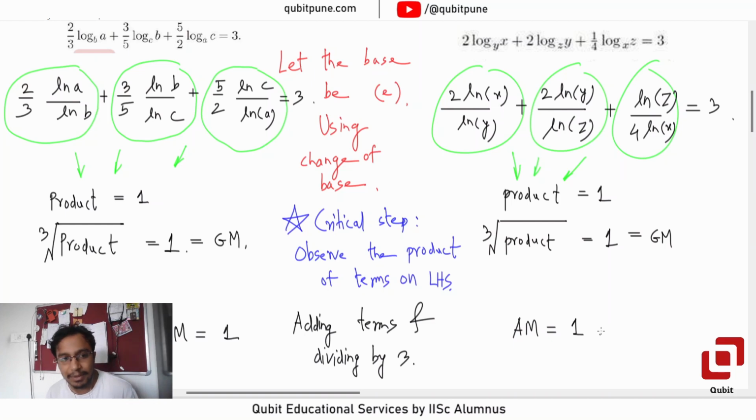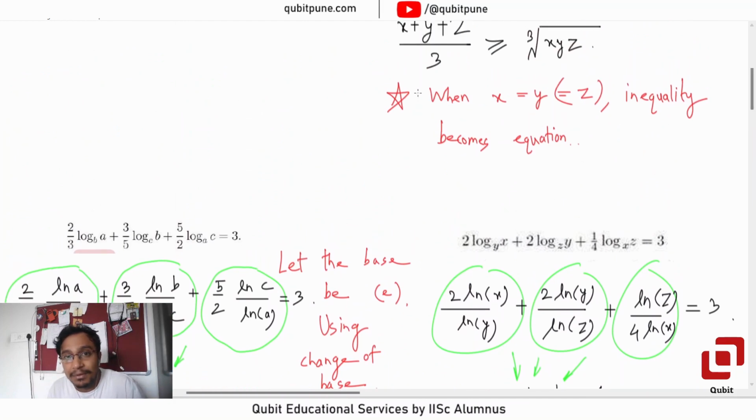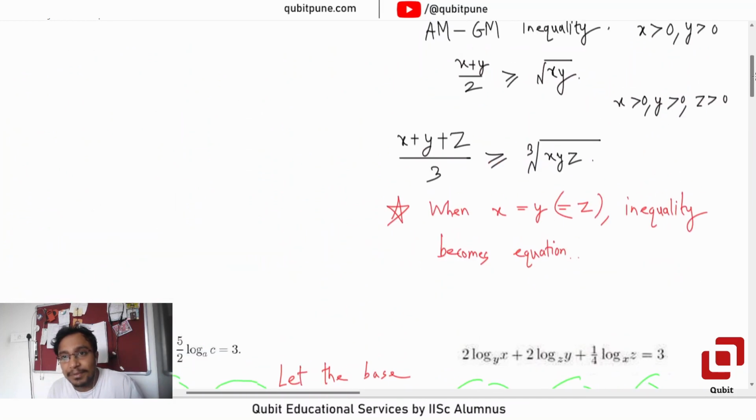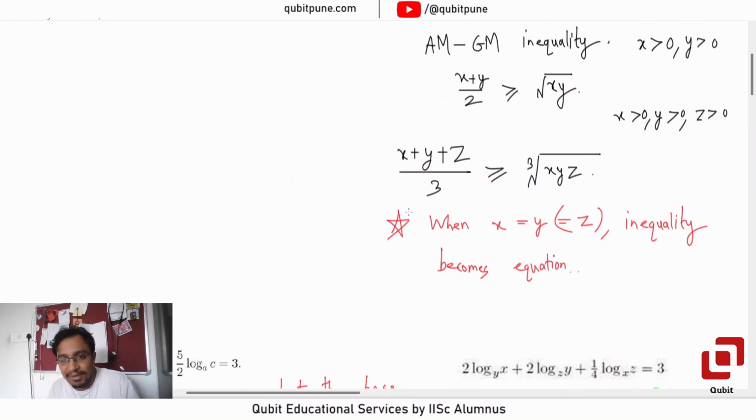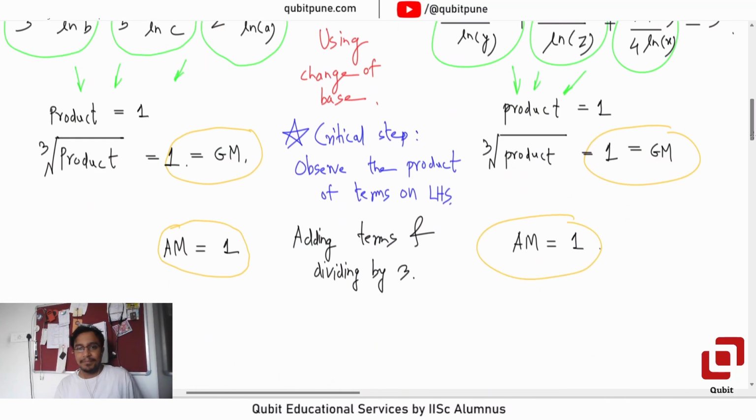Everybody understood that part? Now, when you have the arithmetic mean of 3 numbers equal to their geometric mean, what does that tell you? They are the same basically. So the converse of this is also true. When arithmetic mean is equal to geometric mean, the numbers are the same.